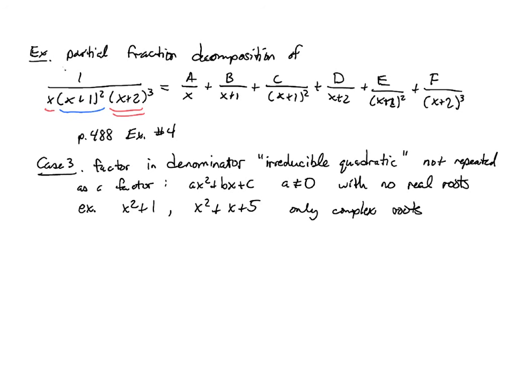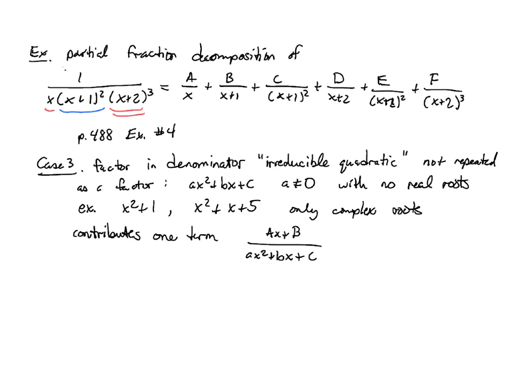Okay. And when you have a factor like this in your denominator, then this contributes the following term, one term of the form ax plus b over little ax squared plus bx plus c.